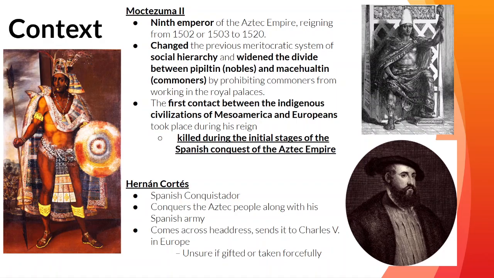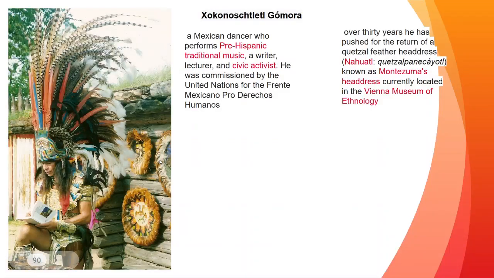So there's a lot of issues going on prior to Cortez, but with Europe's meeting of Moctezuma, the Aztecs, Mesoamerica, this is that turning point in American history. And he is killed in those initial stages of the Spanish conquest of the Aztec Empire.